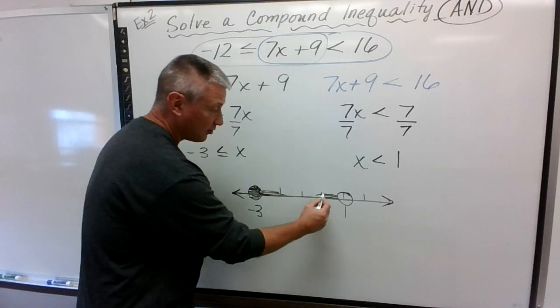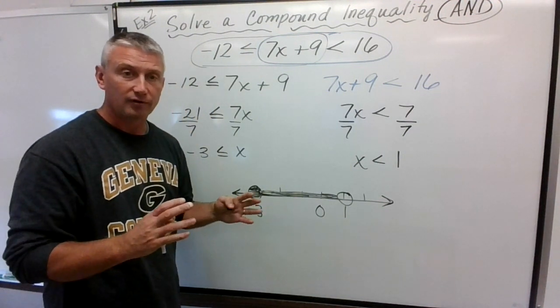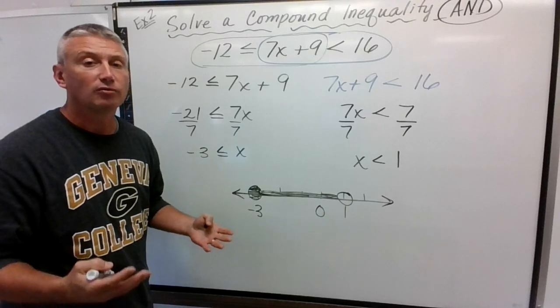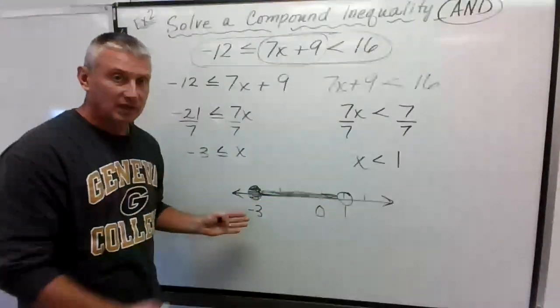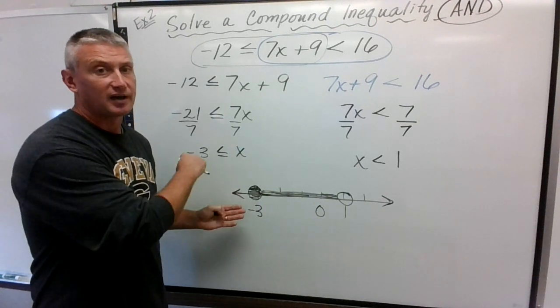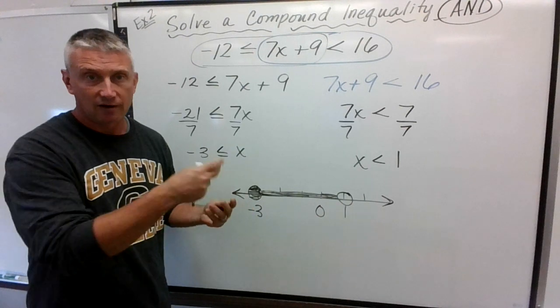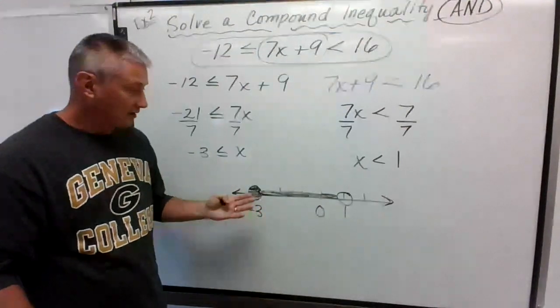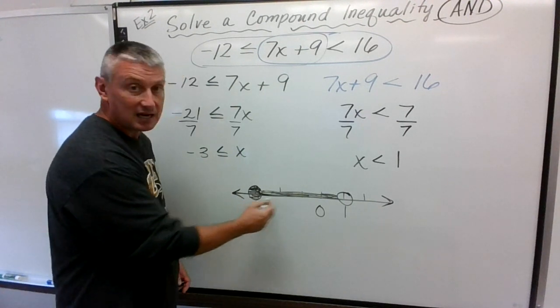Notice they'll both come together. So in order for there to be an answer to this and inequality, it can only be the numbers between these two, because they are the only ones that satisfy both. Unlike our or example, which only had to satisfy one, this one has to satisfy both. So our answers will all simply be here.